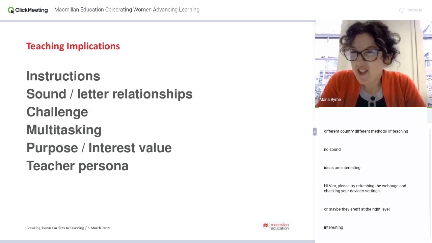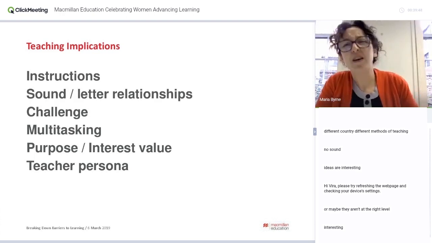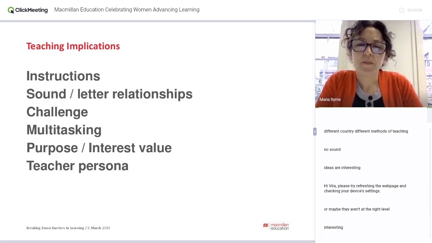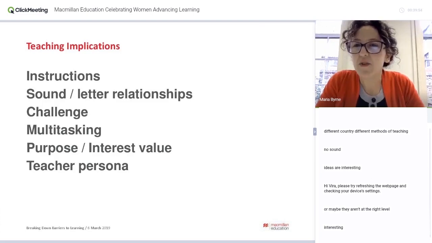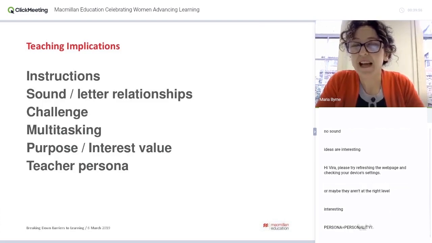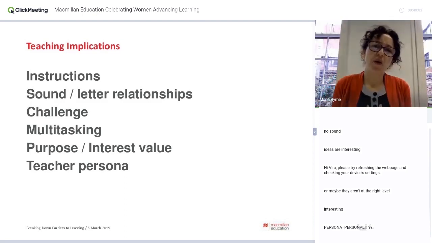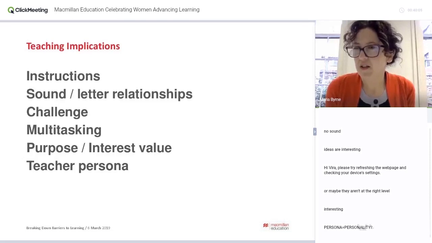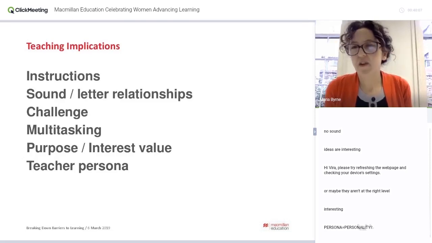Purpose, interest, value. Is it interesting to the learner? Is it meaningful? Do they actually want to learn about this thing? And teacher persona. Teacher persona is one of the things that has the biggest impact on student motivation. So, how do the learners feel? Do they feel supported?